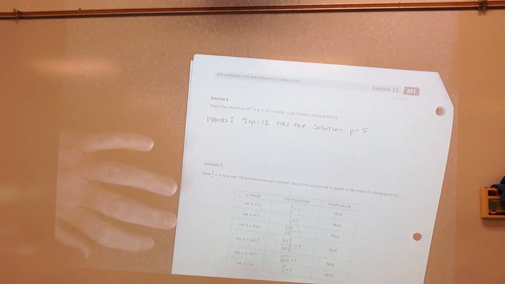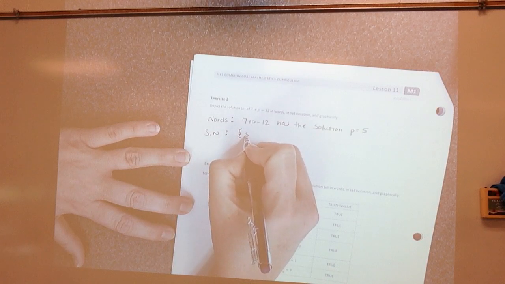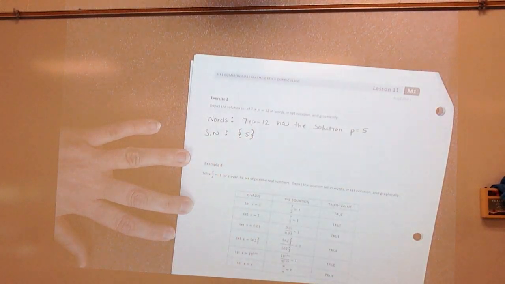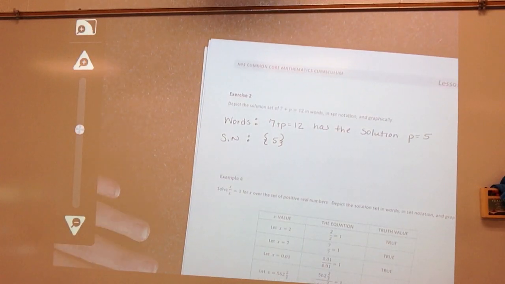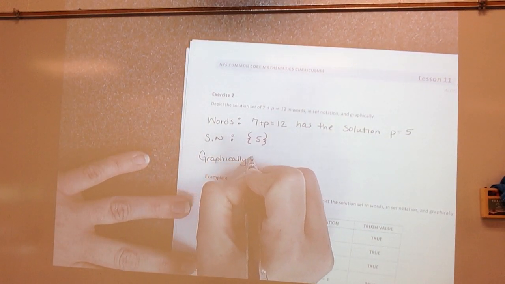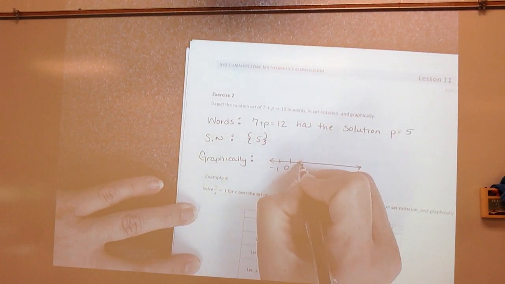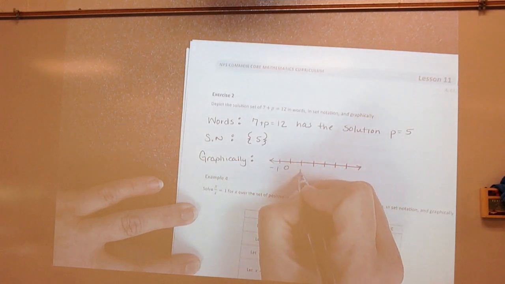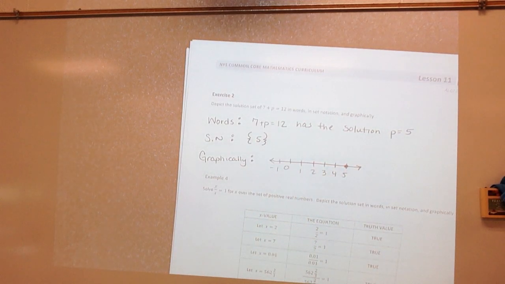Set notation. To draw my graph, I'm going to put a dot at 5. And that's all I have to do.